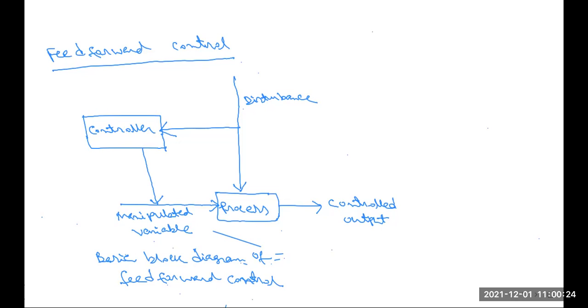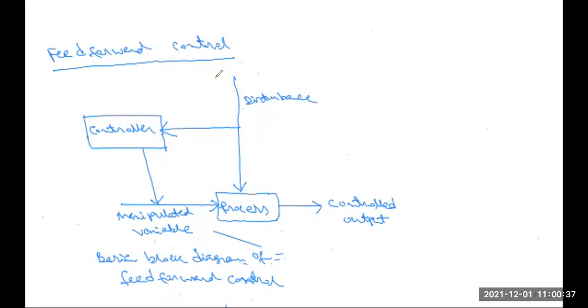The feedback control system uses feedback theory, that means a closed loop connection is attached from the output to the input terminal. In the feed forward control system, the measured variable is the disturbance. Any disturbance, that means a physical variable, we control using this FFC, feed forward control.